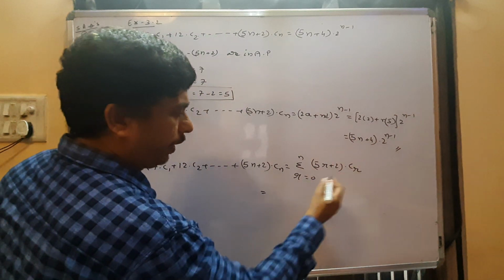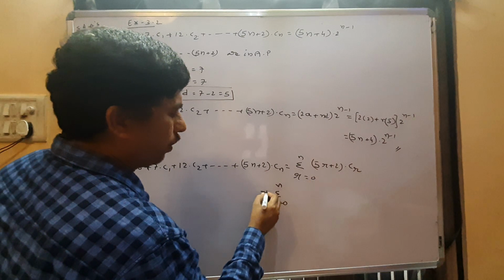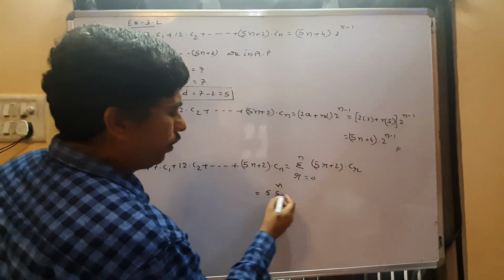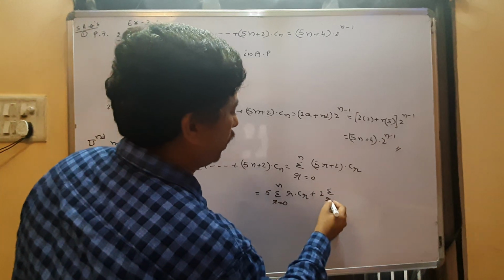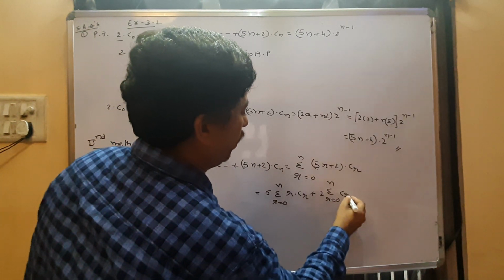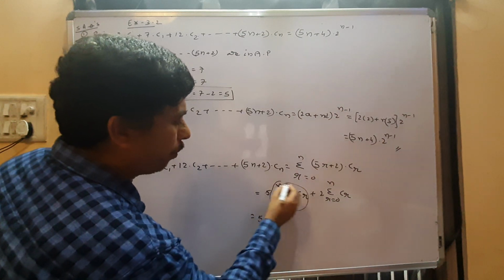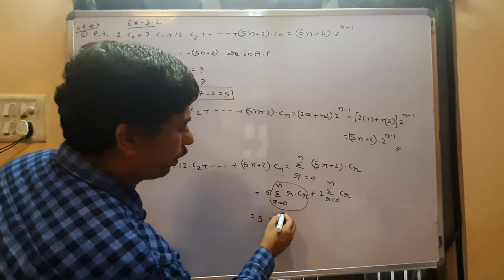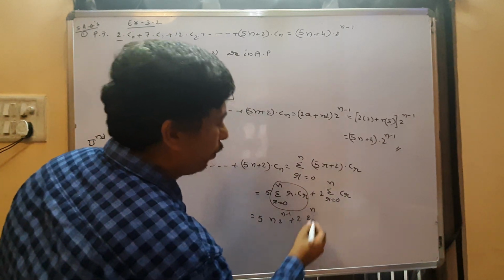Split the bracket, opening the bracket, sigma r equal to 0 to n. 5 is constant, take outside: r into Cr, plus 2 is constant, take outside: sigma r equal to 0 to n Cr. We had the formula, r into Cr formula is n into 2 power n minus 1, plus 2 times the sum of the binomial coefficients, we have 2 power n.